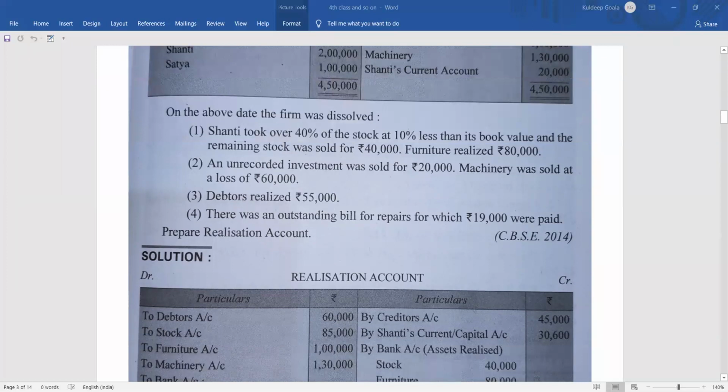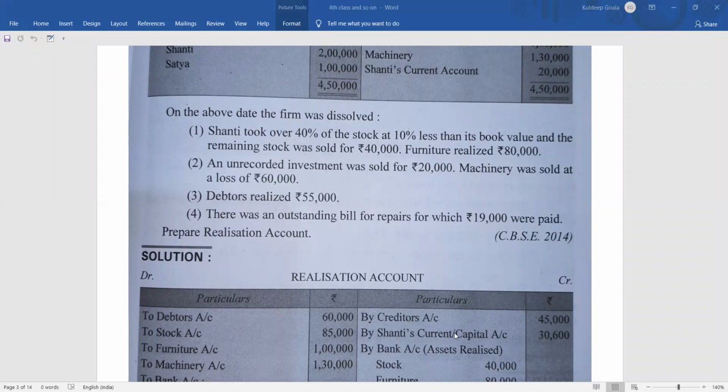I'm repeating this particular point once again. In case of dissolution, if a current account is there, then you can do like this: transfer all the adjustment in the current account, and then finally you do the balancing of the current account and transfer the closing balance of the current account to the capital account. Or in the beginning itself you can transfer the opening balance of the current account to the capital account, and no need to prepare the current account in that case, and transfer all the adjustment in the capital account and settle it in the capital.